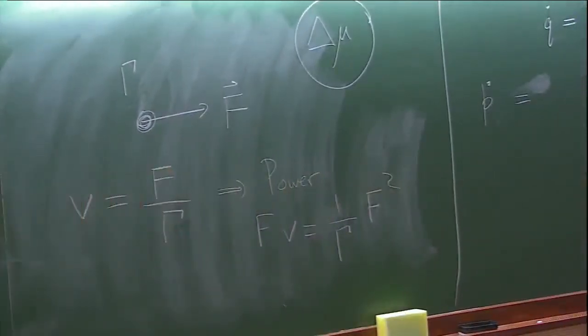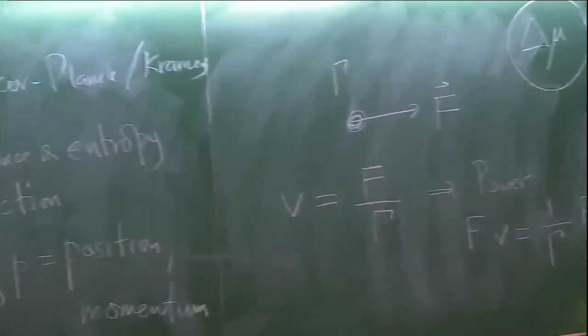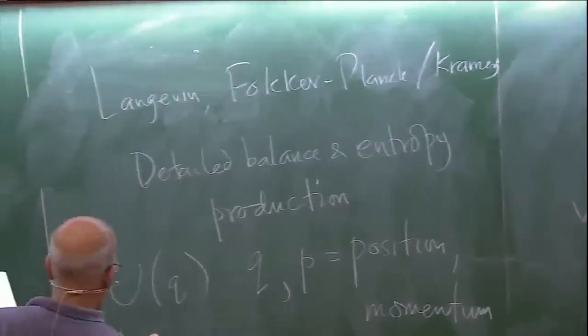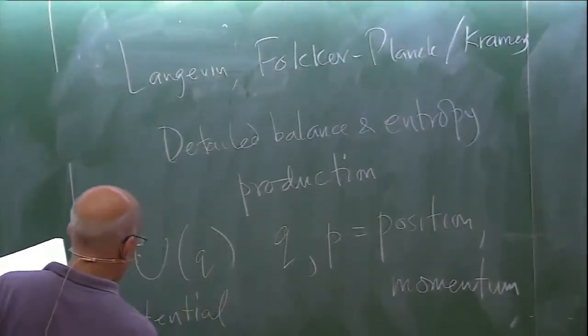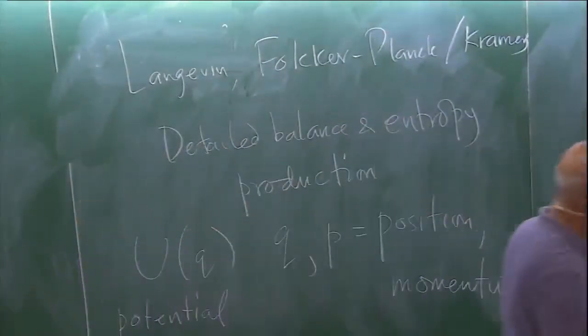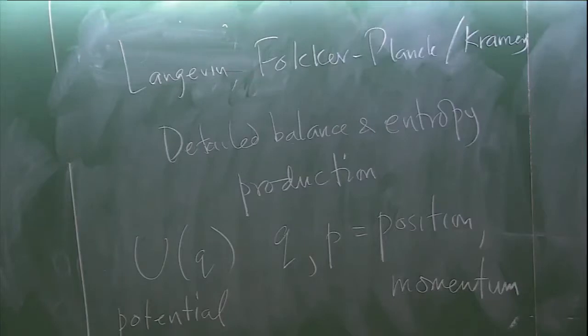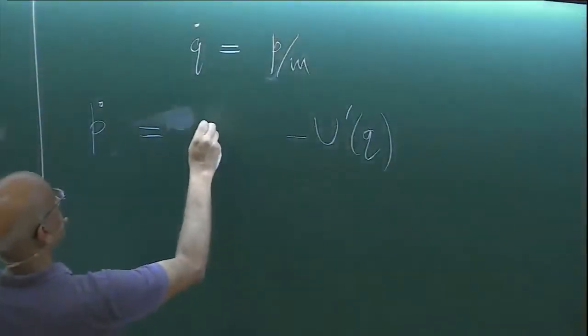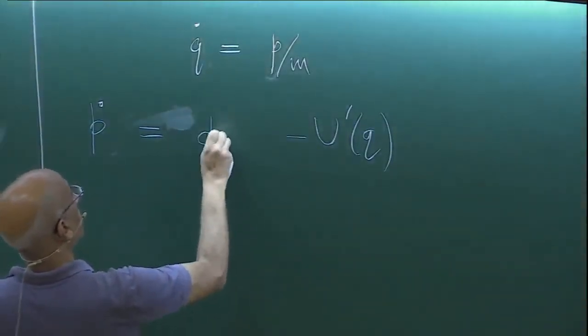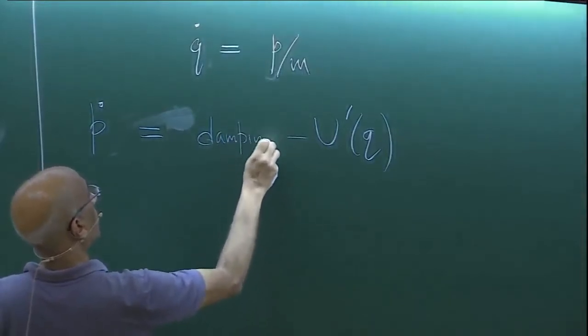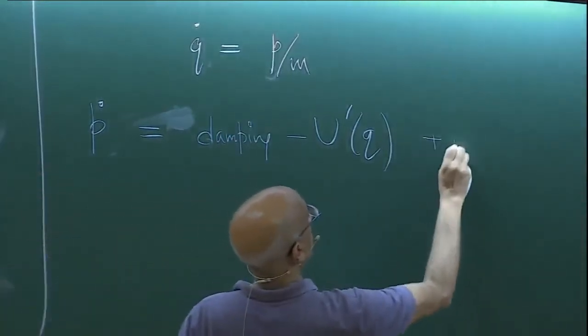Let me give it some name. I'll add vector signs and indices and components when I need to, but I'll try to keep it without all of that. And then we say there should be a damping. And there should be a noise.